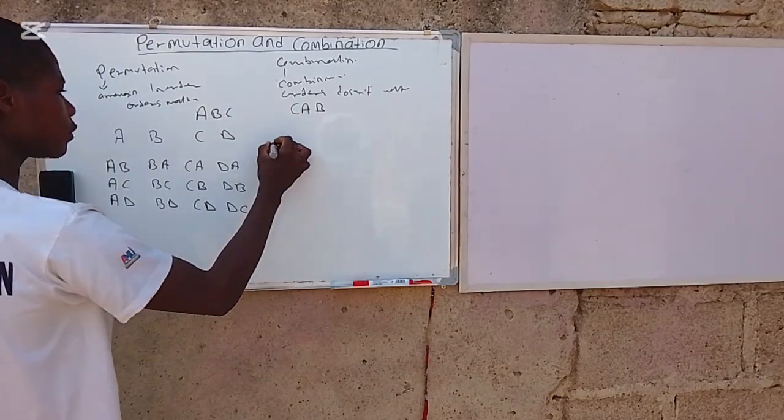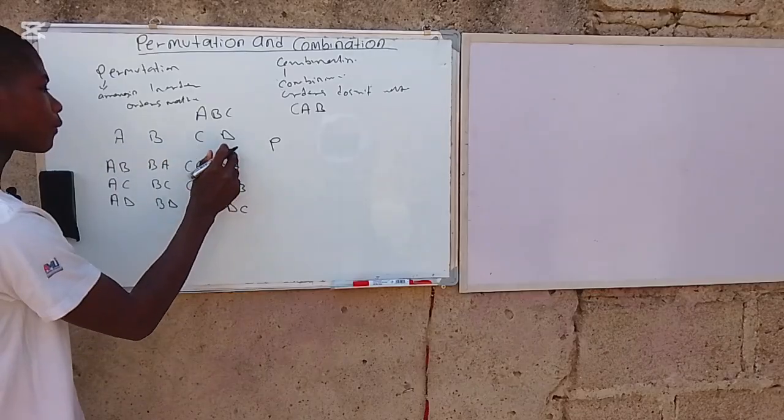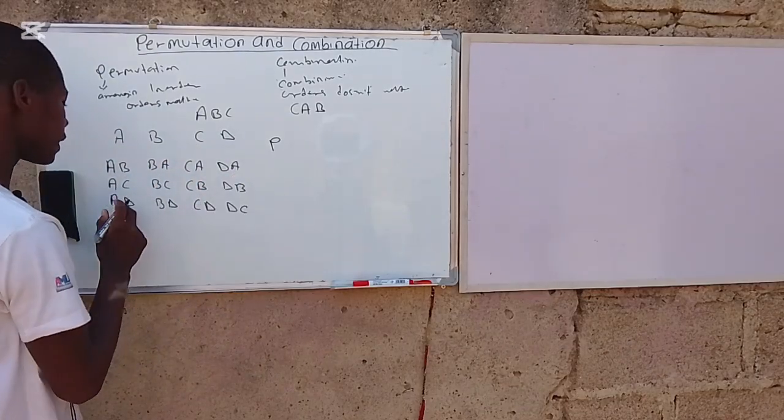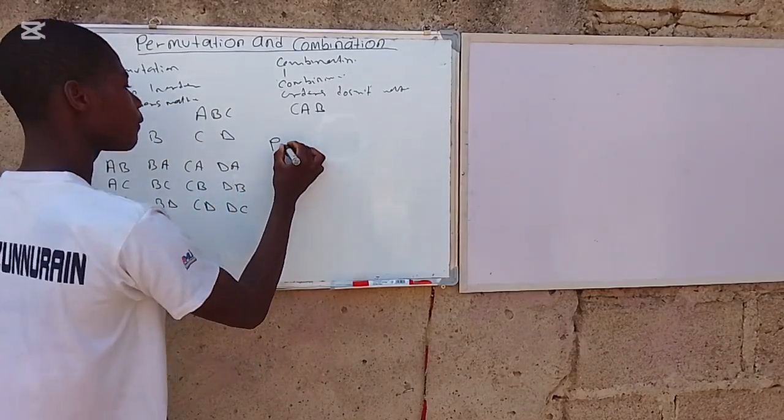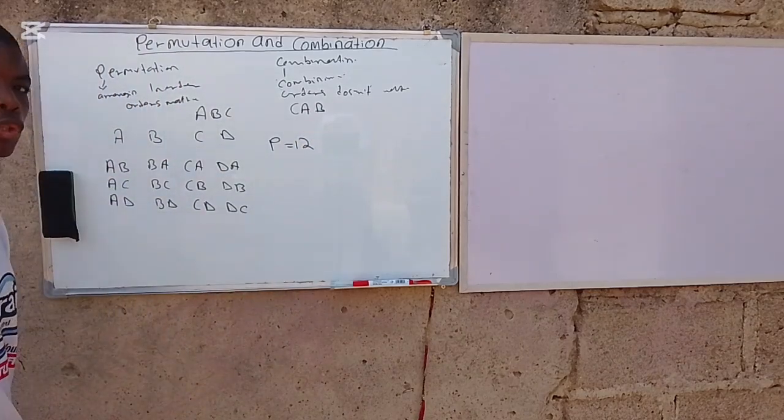So what will be the permutation of this? 1, 2, 3, 4, 5, 6, 7, 8, 9, 10, 11, 12. The permutation of this will now be 12.